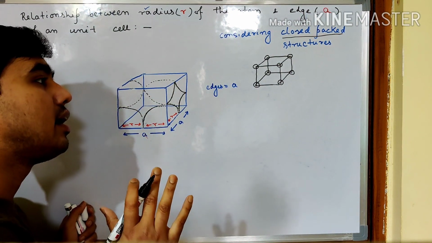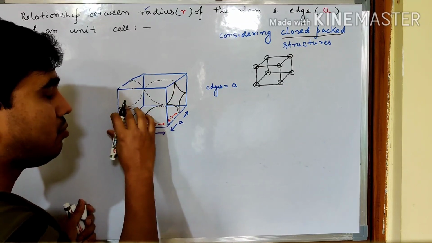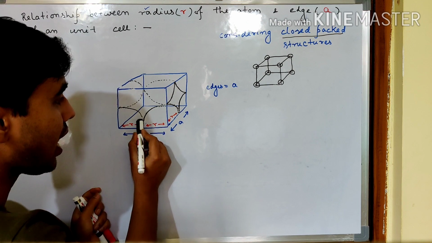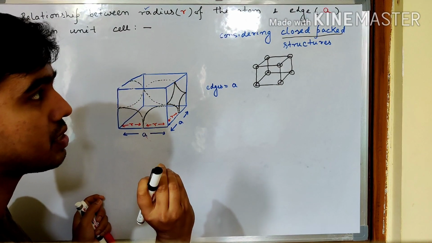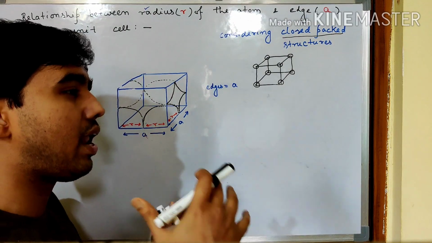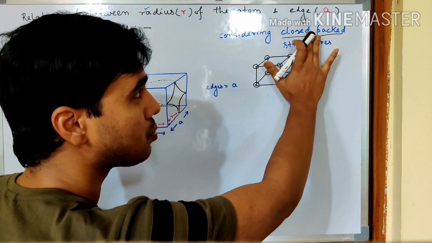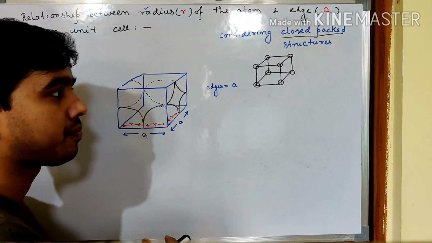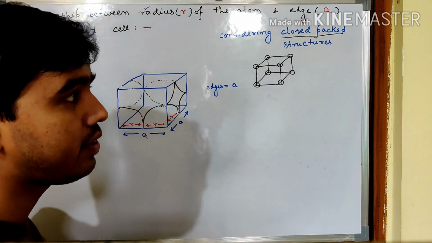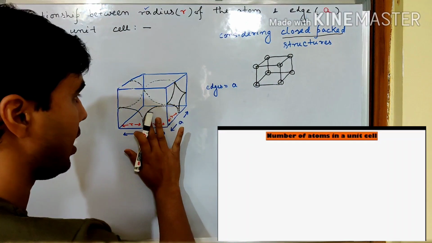We are trying to imagine that the atoms are very close to each other. Between them there is hardly any space, or the minimum space. They are closely packed, like in a suitcase, you are packing your luggage as closely as possible. So we are considering the close packed structure as of now. And in that case, what should be the scenario? That is what we are observing. So we are considering the atoms to be very close to each other, like this.